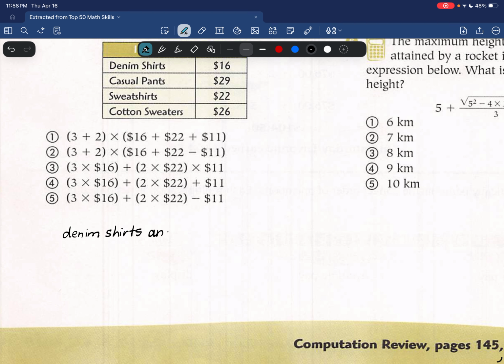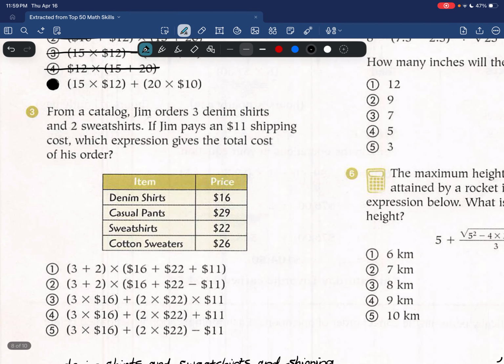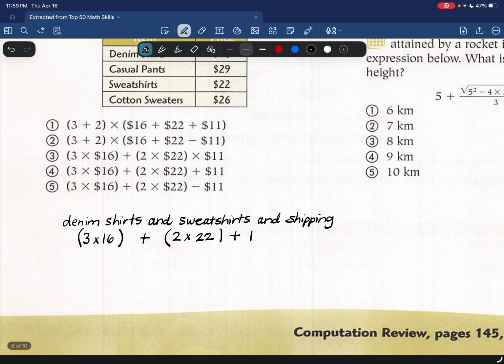He has the denim shirts, the sweatshirts, and the shipping. Okay, denim shirts are $16 and he got 3 of those. Sweatshirts are $22 and he got 2 of those. And then his shipping was how much? $11.